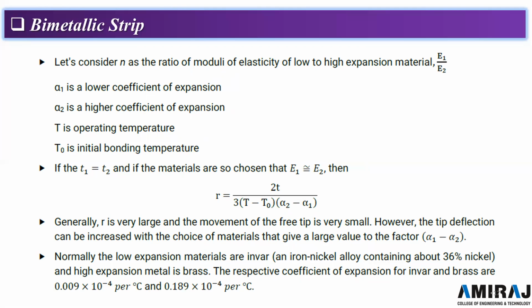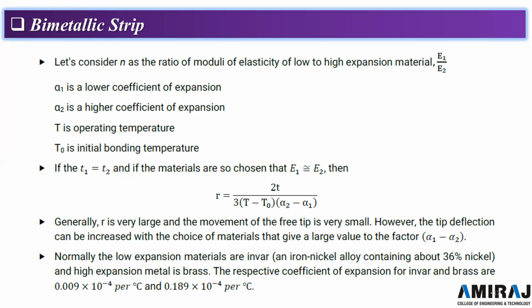T is the operating temperature and T0 is the initial bonding temperature. If T1 is equal to T2 and the materials are so chosen that the elasticity of both materials is the same, then the radius will be given by R = 2t upon 3(t minus t0) into (alpha 2 minus alpha 1).